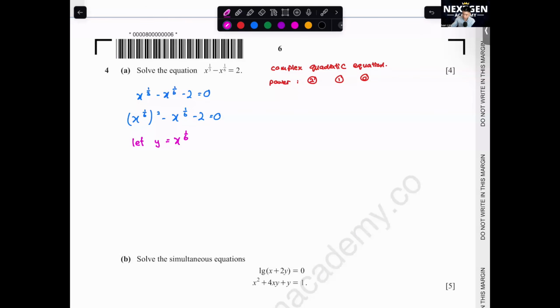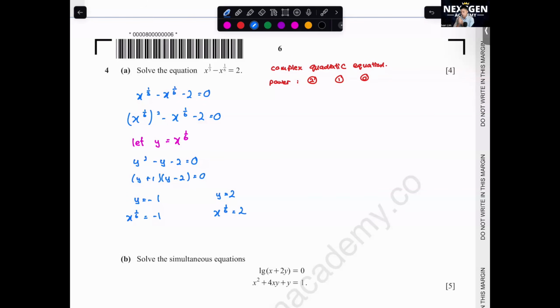We can rewrite it as y squared minus y minus 2 equals 0. Go and solve for this first. So we get y plus 1, y minus 2 equals 0. Y is negative 1, y equals 2. Then we change it back: x to the power of 1 over 6 equals negative 1, and x to the power of 1 over 6 equals 2.